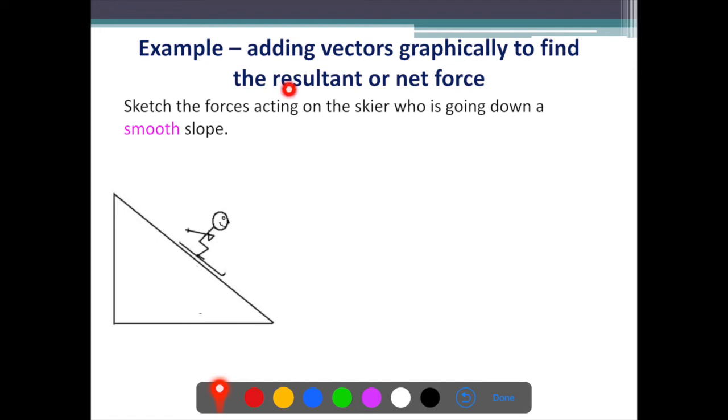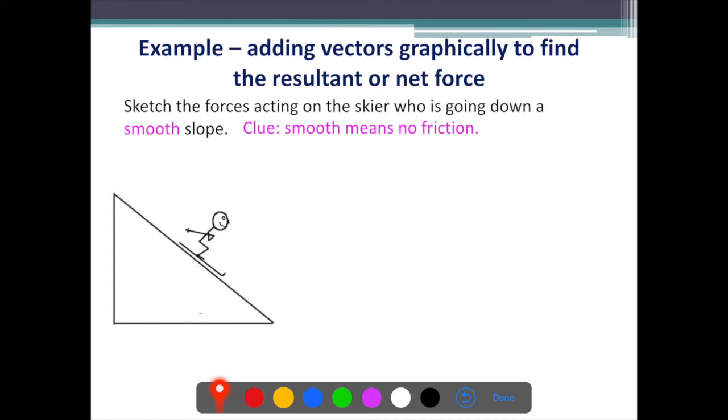In other words, we want to find the resultant or the net force by adding up all of the forces acting on the skier. The clue here is smooth. When we say smooth, then friction is negligible, so you can say that there's no friction, or we will not include frictional force in our free body diagram.